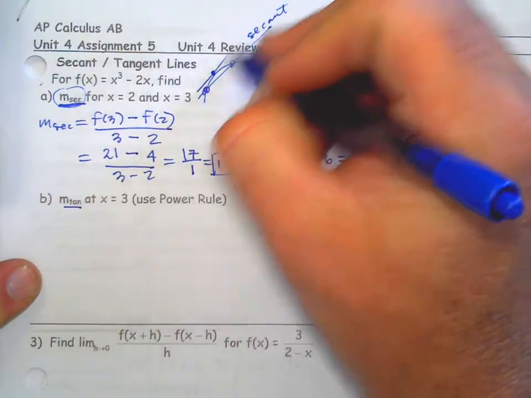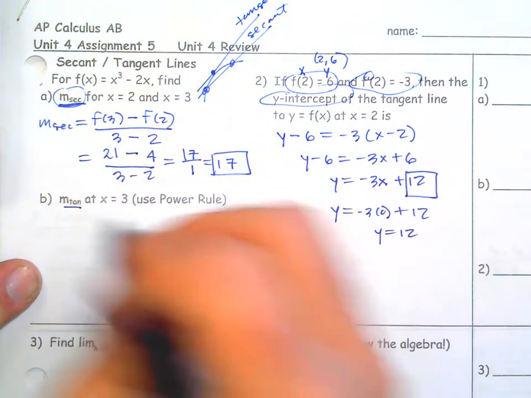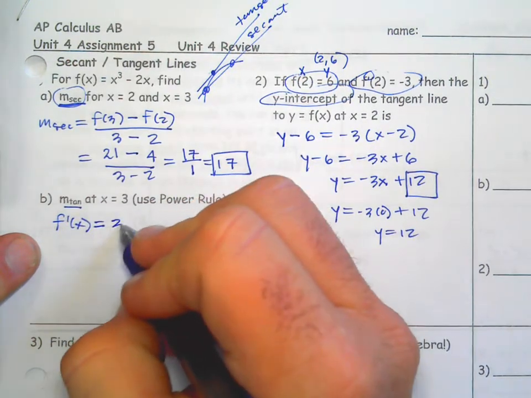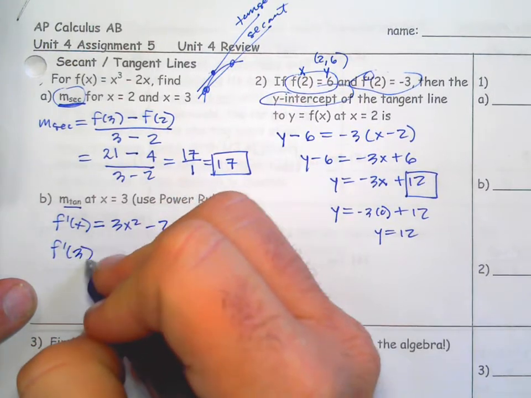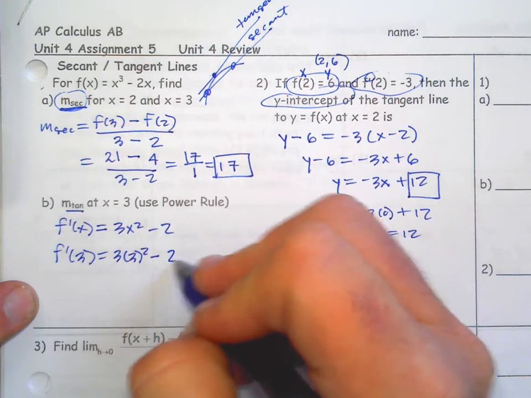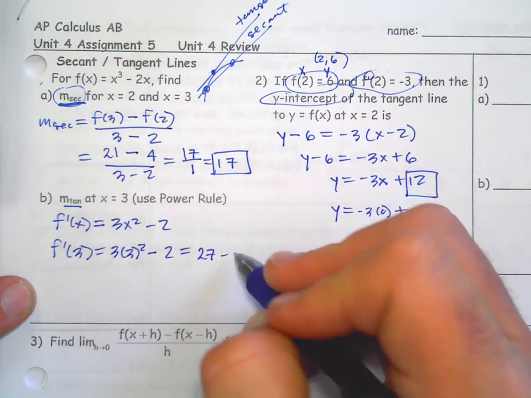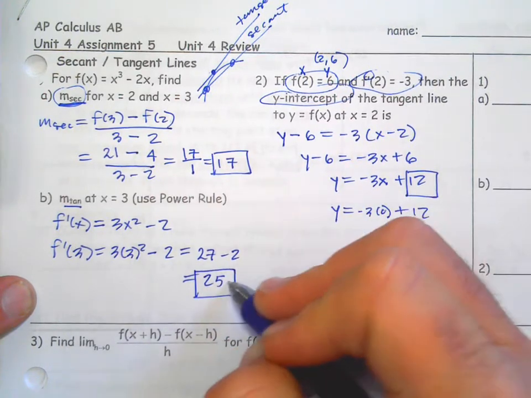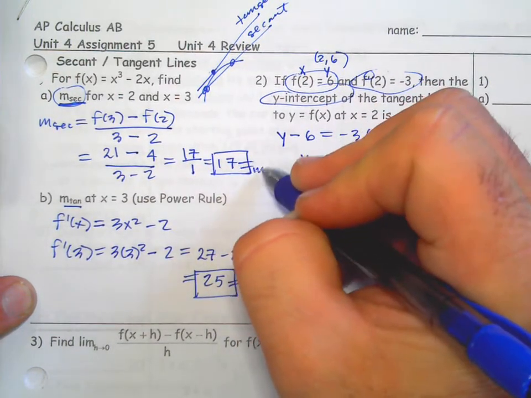So we need to take the derivative using the power rule, 3x squared minus 2, and then plug 3 into it. So that's going to be 3 times 9 is 27, minus 2 is 25, the slope of the tangent line. Okay, different than find the slope of the secant line.